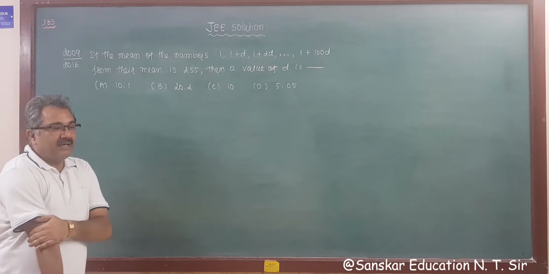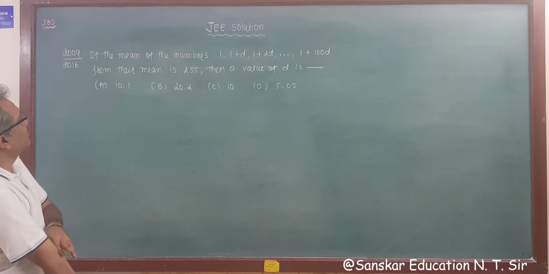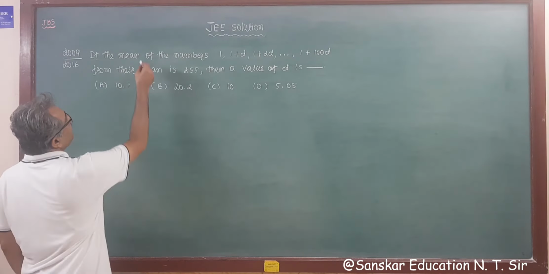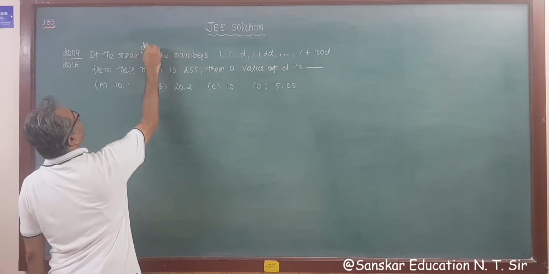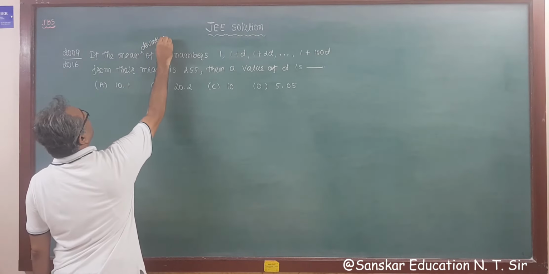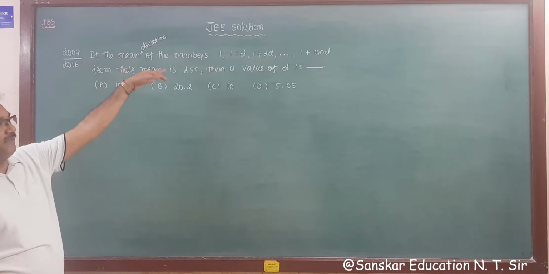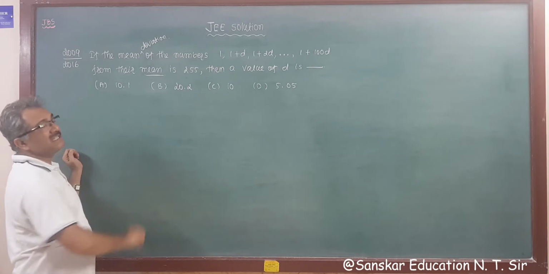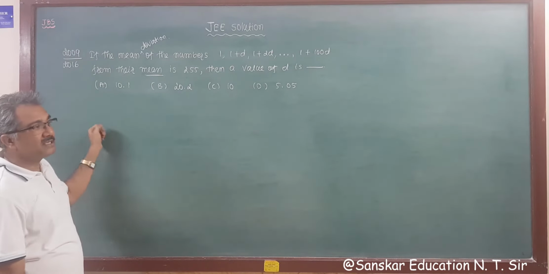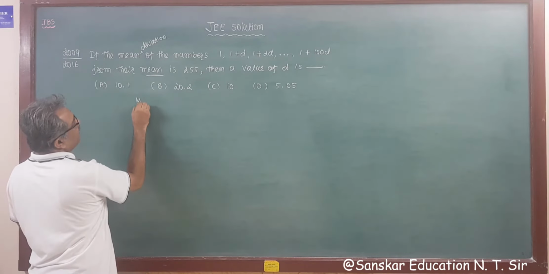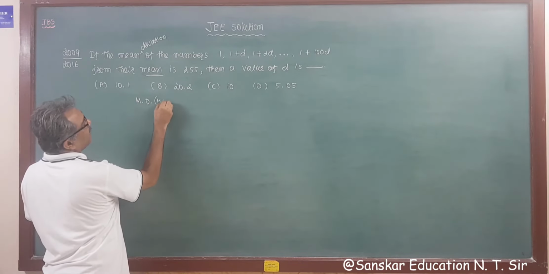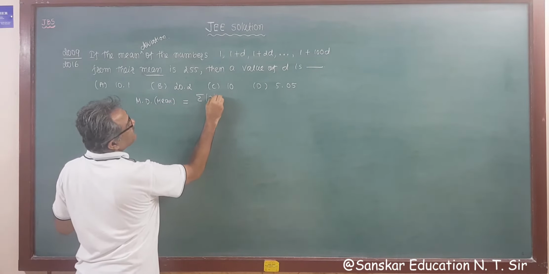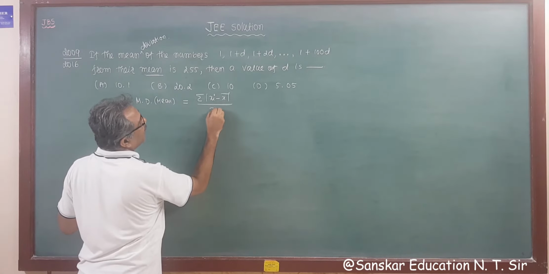It is given that the mean deviation of the numbers is this. For mean deviation from mean, we have to first find the mean. The formula is sigma modulus of xi minus x bar, whole upon n.